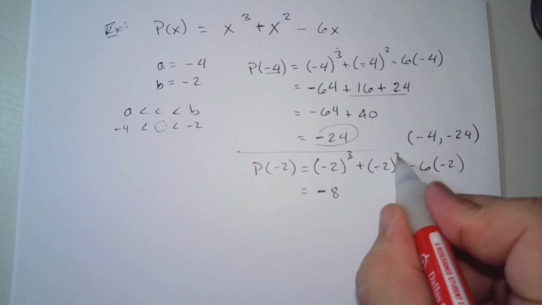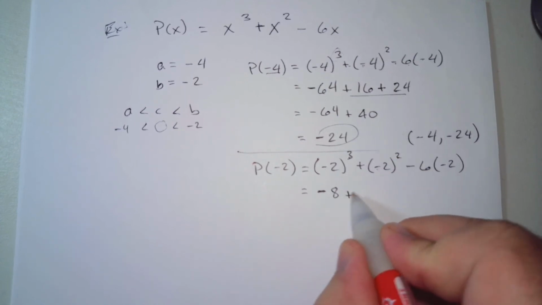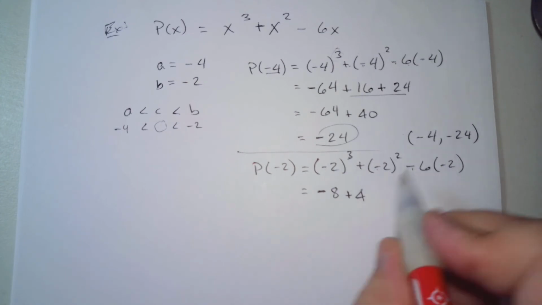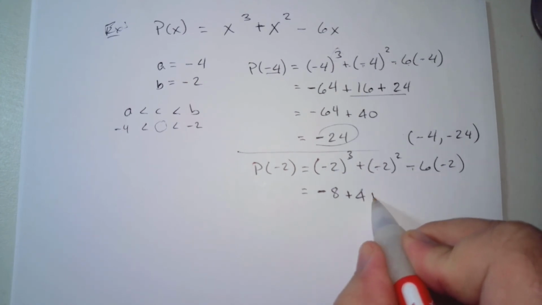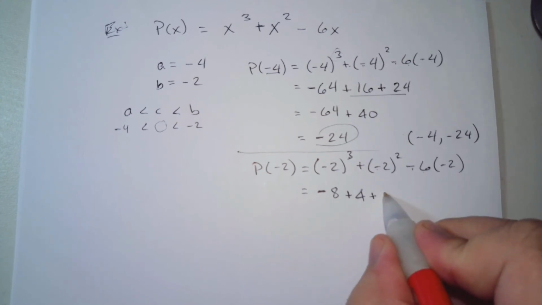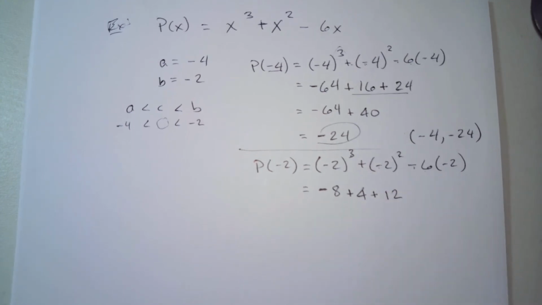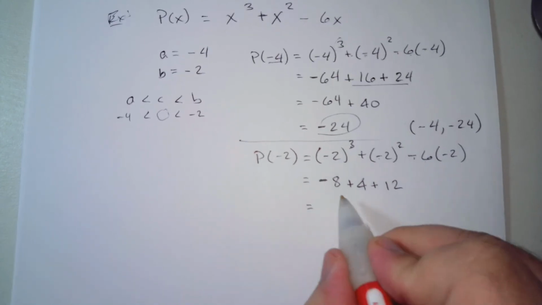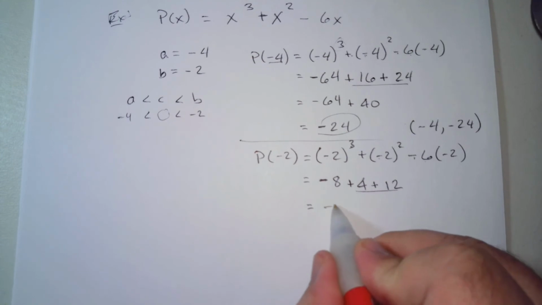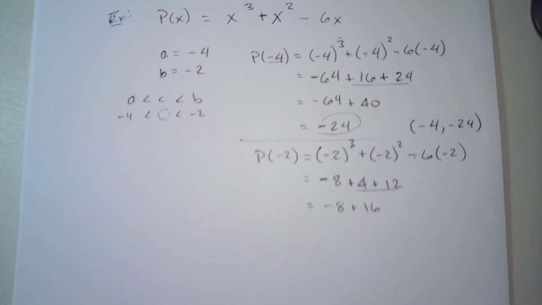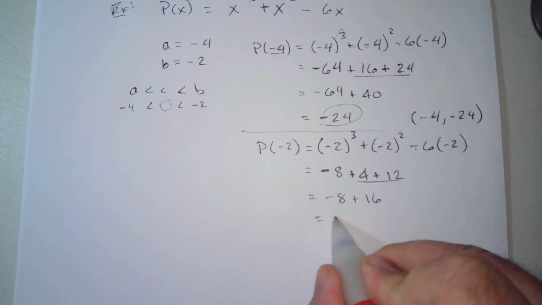Negative squared is positive, so it's positive. 2 squared is 4. Negative and negative is a positive. 6 times 2 is 12. So combine like terms. 4 plus 12 is 16. 16 minus 8 is 8.